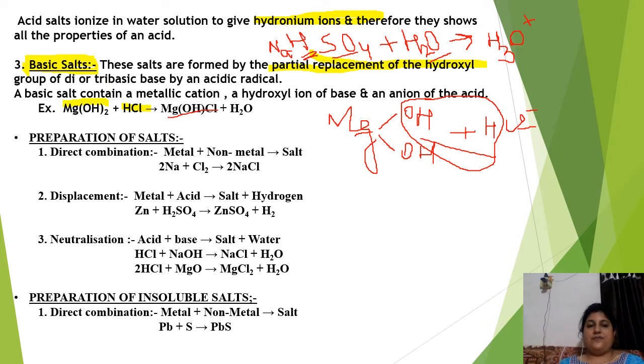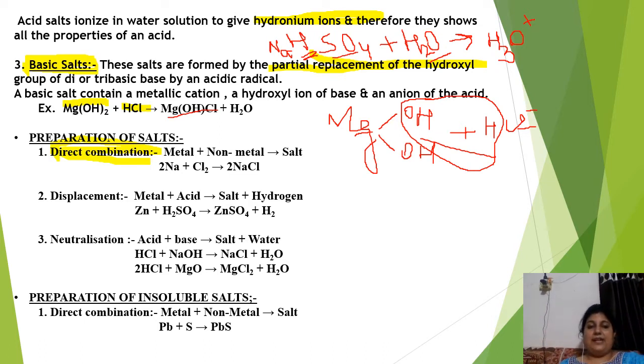Now the preparation of salt. The first method is direct combination. We all know very well that in salt there are two things, one cation and one anion. Salt is composed of a cation and an anion. So basically it is formed by the combination of one metal and one non-metal.